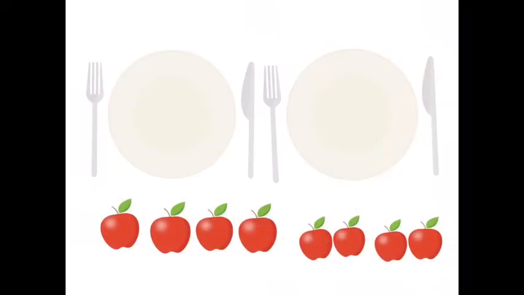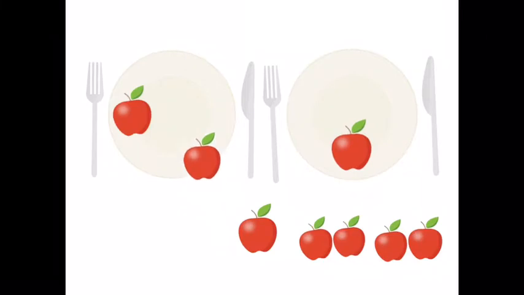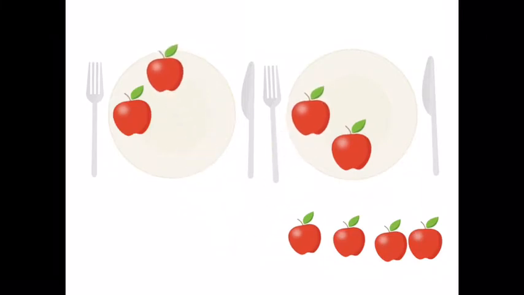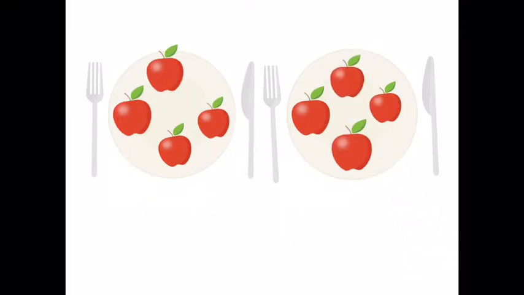So we have here 8 apples and 2 plates, and we want to share the apples equally between the 2 plates. So 1 apple goes there, on there, on there, on there, on there, on there, on there, on there.